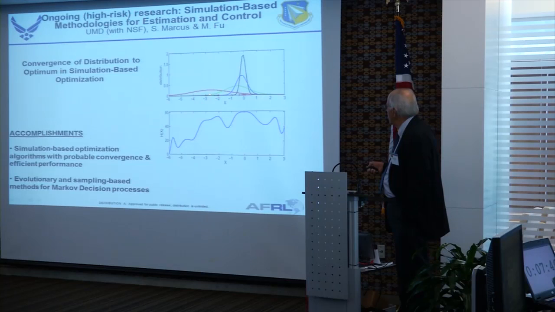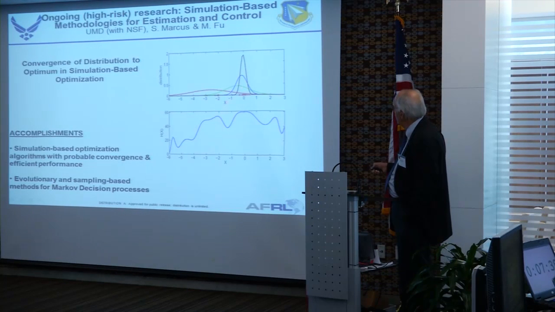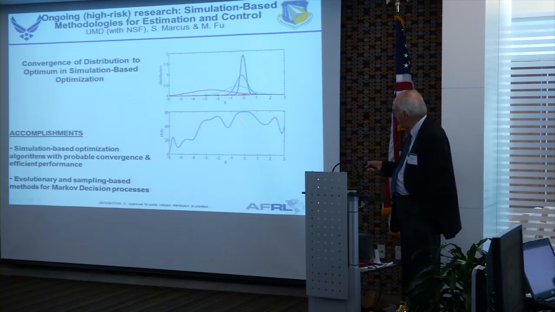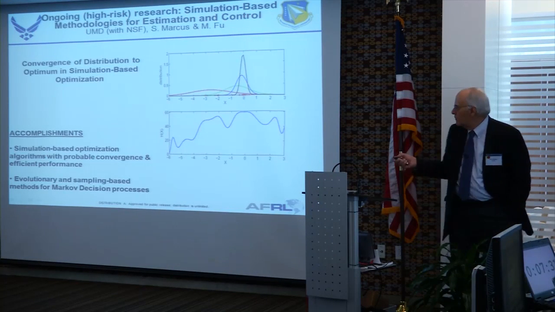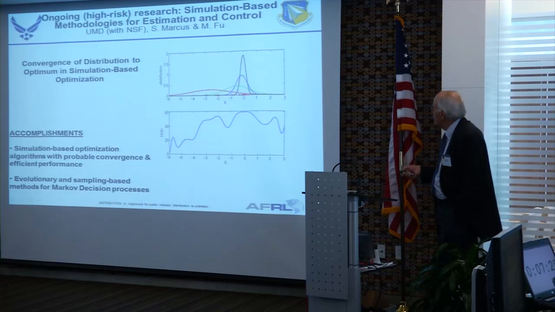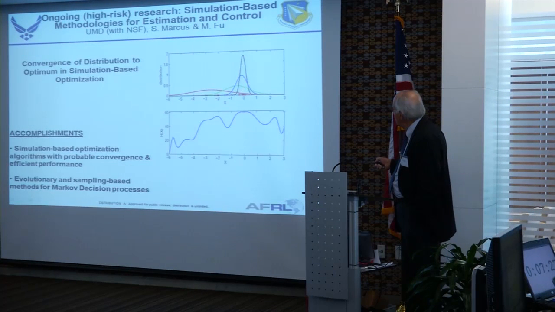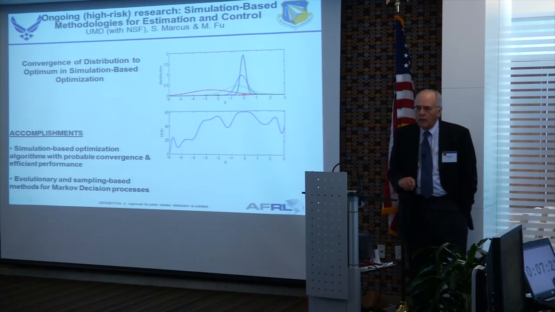You do one experiment, get one function value, and construct a distribution. You get another value, you construct another distribution, and so forth. Despite this global-local issue, you can actually prove that in the limit this process will converge to a point mass at the global optimum.